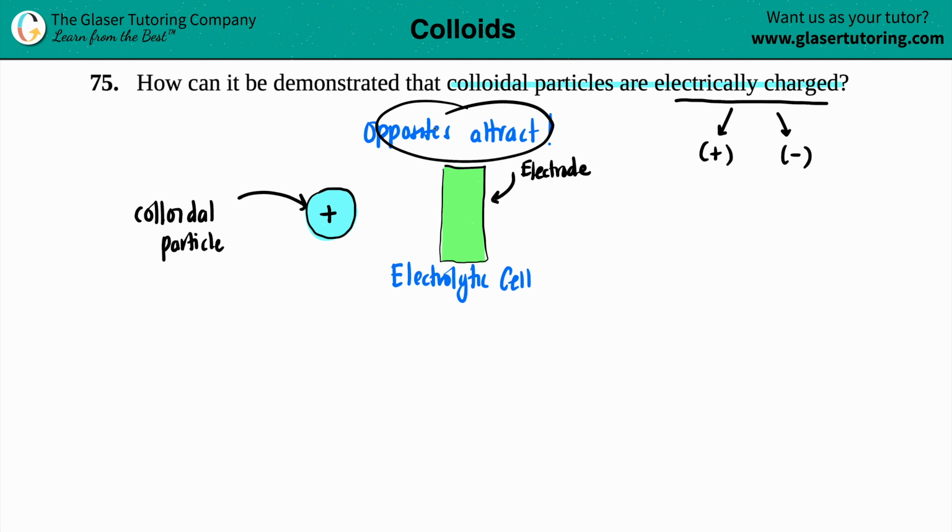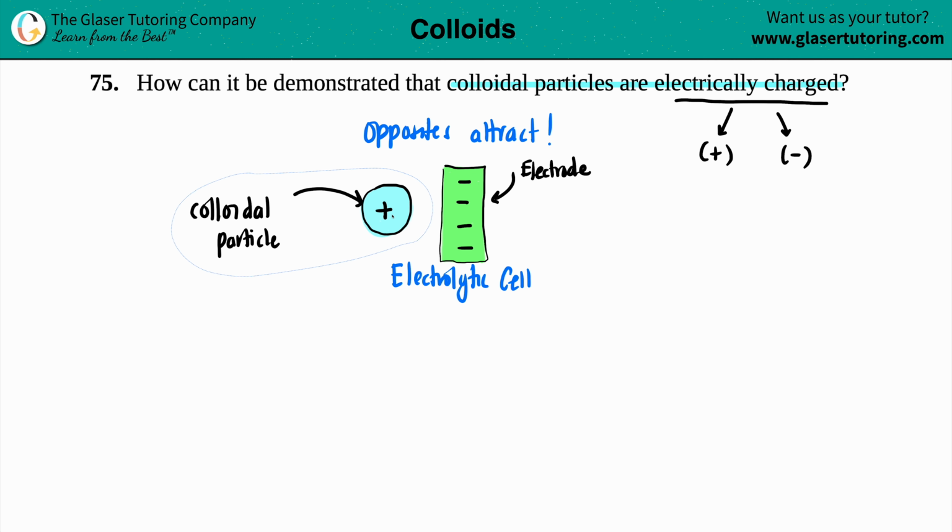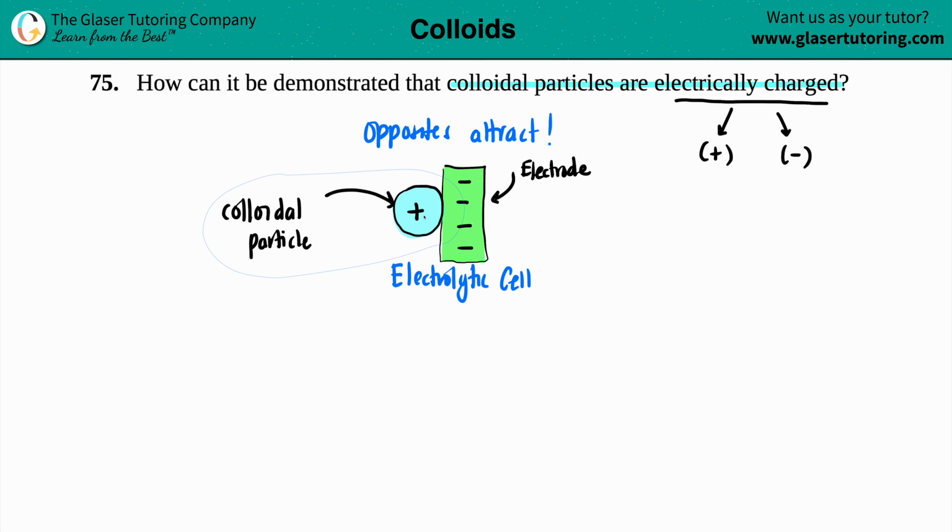Now, opposites attract. If we want to find out that this colloidal particle is charged, what charge should I make the electrode in order for this particle to travel to the electrode? Yeah, you got it. This electrode should be filled with negatives, so that your colloidal particle is attracted to the electrode.